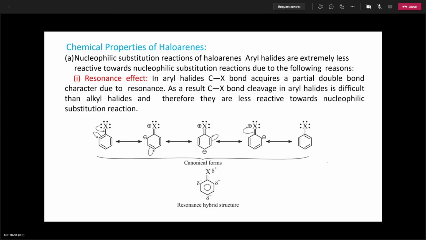They may ask you a very simple reasoning question: comment on the reactivity of haloarenes compared to alkyl halides, or why aryl halides are less reactive compared to alkyl halides. For 2 marks, you can give 2 reasons: due to resonance effect, and due to sp2 hybridized carbon, double bond character.